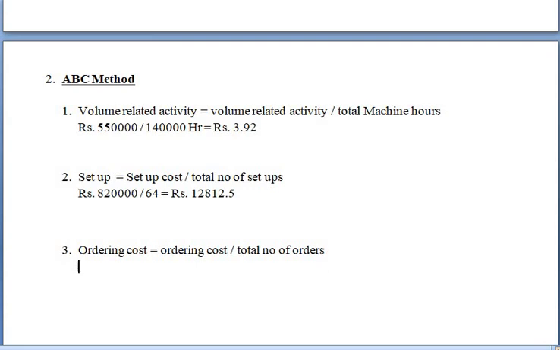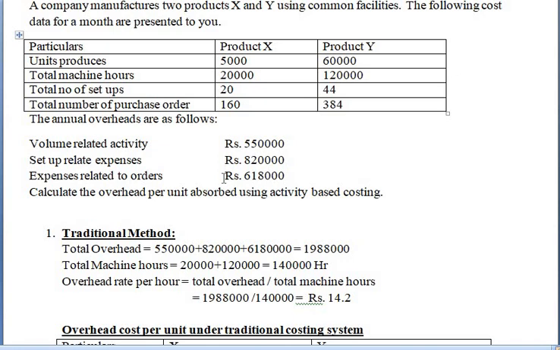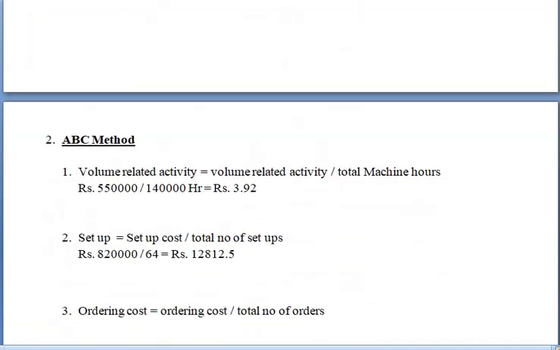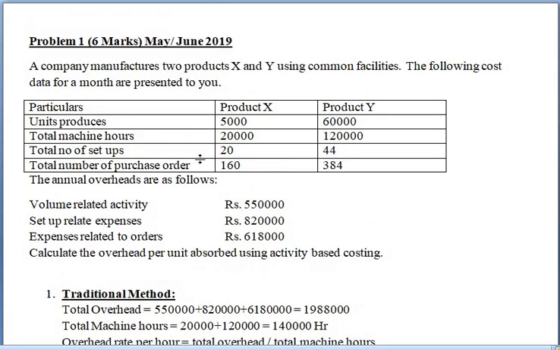Now the last one, ordering cost. So formula, ordering cost divided by total number of orders. What's the ordering cost? Ordering cost is 6,18,000. So 6,18,000 divided by the total number of orders. How much total number of orders? For product X 160, for product Y 384. So total 544.